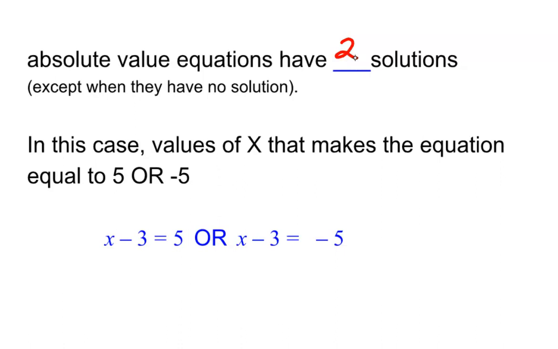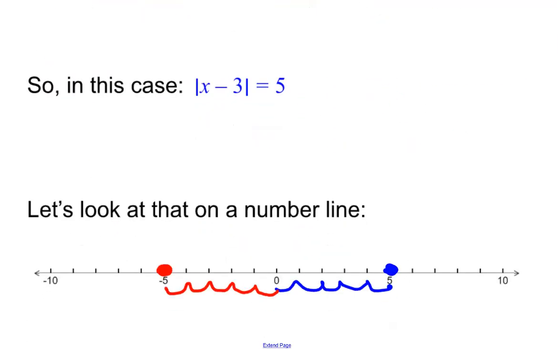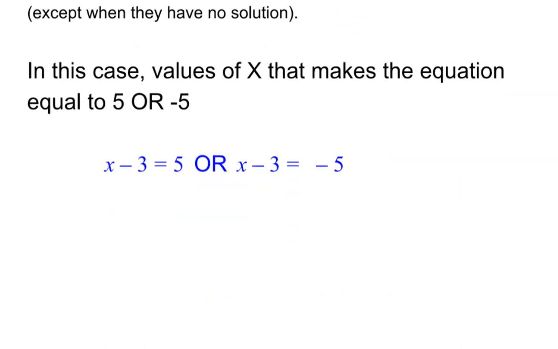So let's look at this. We write it as x minus 3 equals 5, or x minus 3 equals negative 5, because if we go back to that picture on that number line, those two numbers meet the requirement of the distance is 5. So the way we solve these then is we write our two equations after we've got the absolute value isolated. We get rid of the bars and we write the two equations.